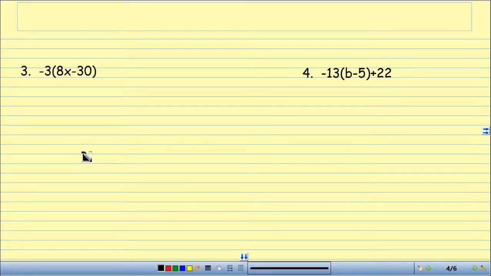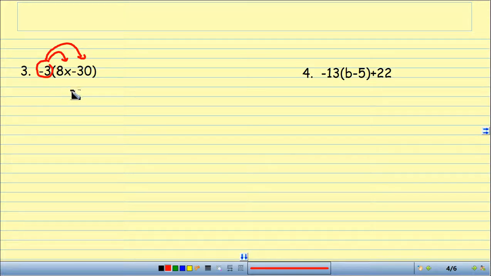So I have this example over here. We have negative 3 times a quantity of 8x minus 30. What I'm going to end up doing is taking this negative 3 and I'm going to distribute it into both parts of this binomial.